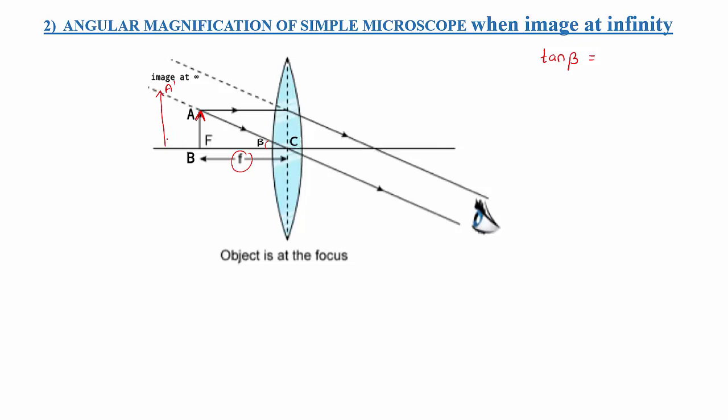Let us take it as A dash B dash, so that the adjacent side changes to F dash. Suppose you still increase the magnifying power of the microscope, maybe I can get the image here, so we can write it as A double dash B double dash, so that its adjacent side also increases. Let us take it as F double dash.